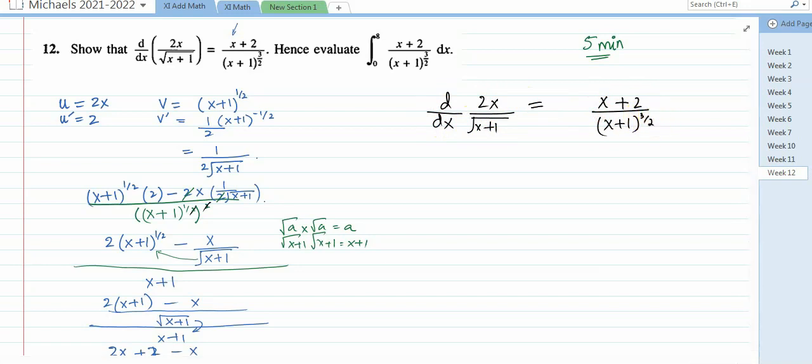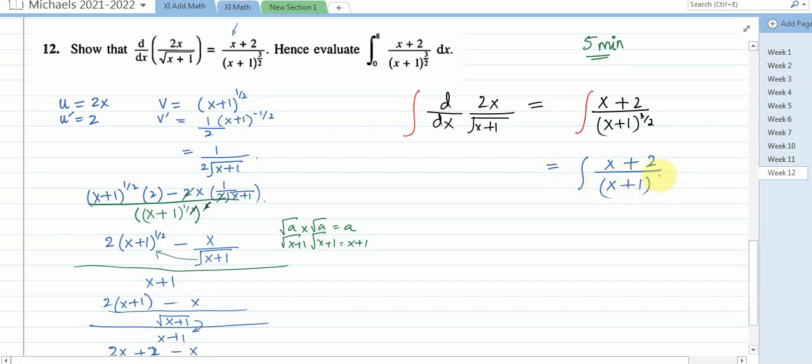With the same approach we need to apply integral on both sides, right? So on my right side I have x plus 2 divided by (x plus 1) to the power 3 divided by 2, that is what we are looking for, right?